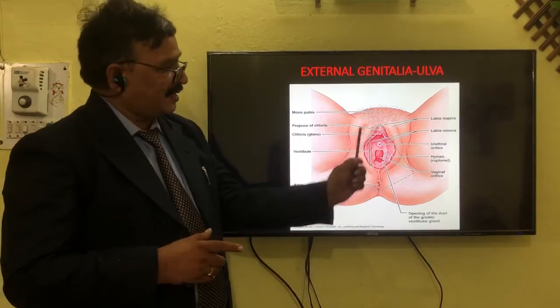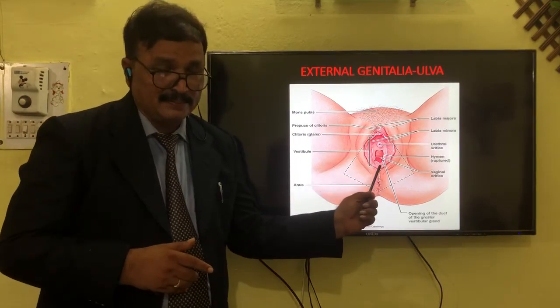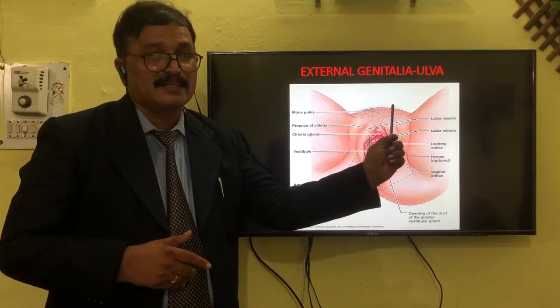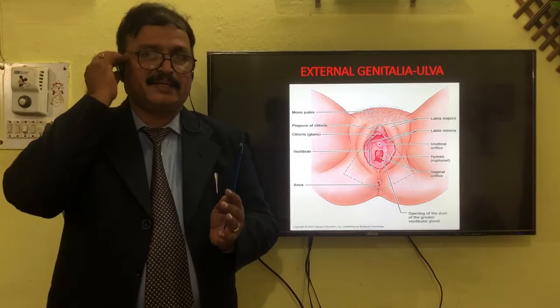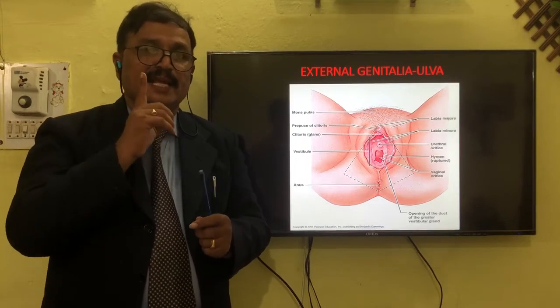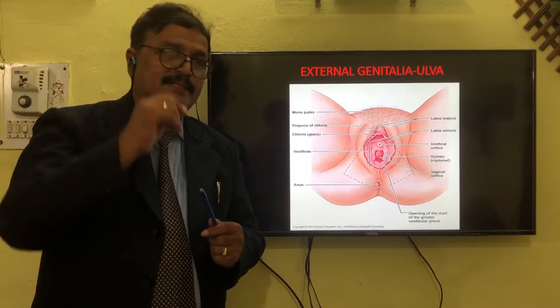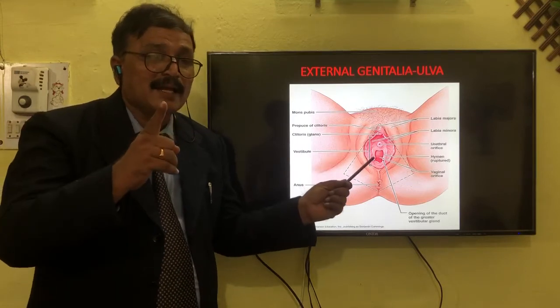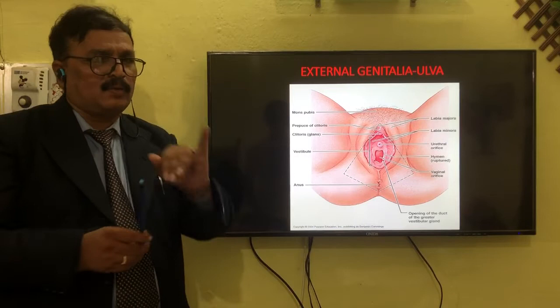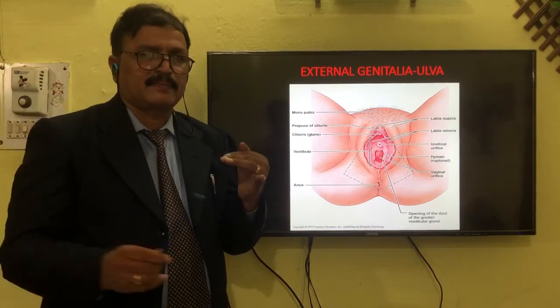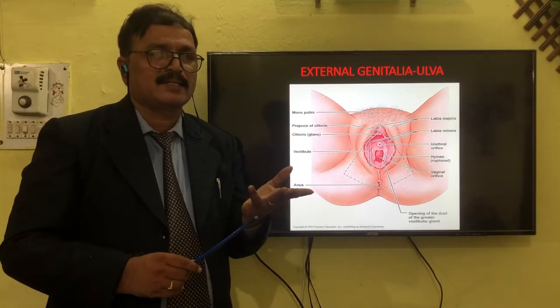So the external genitalia, vagina, then uterus, fallopian tube, all these come under secondary sex organs, whereas the ovary comes under the primary sex organ. What is the role of the secondary sex organs? Transport here. Okay, the ovary produces ovum, that's all. What about the other secondary sex organs?